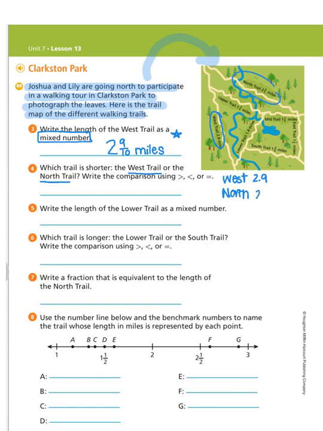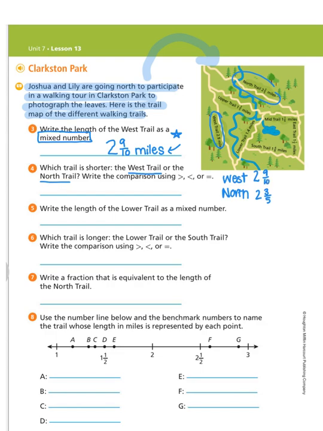Ooh, I've got 2 3/5 of a mile. So the North Trail's in a fraction. We've already made the West Trail into a fraction, so let's just change that into a fraction so it's pretty easy to compare. So we've got 2 9/10.